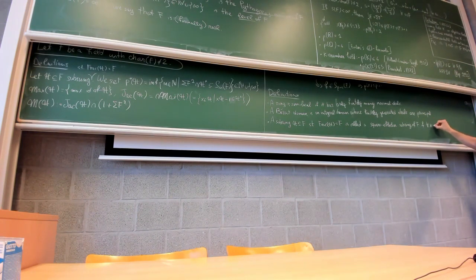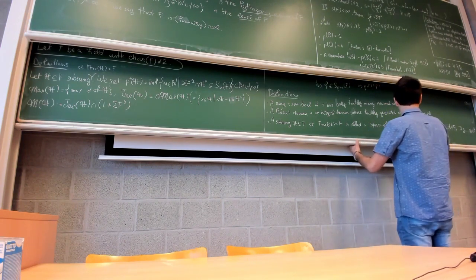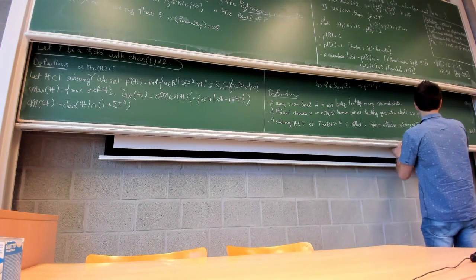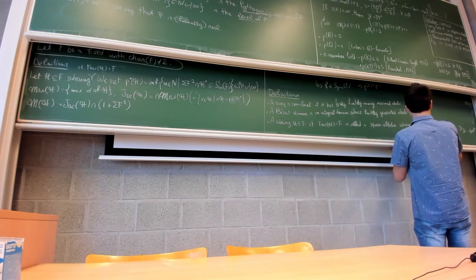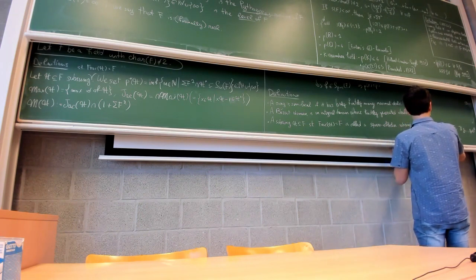for any k positive integer and for any f1 up to fk elements in the field, we have that there exist g1 to gk in F such that the sum of squares of the fi's is equal to the sum of squares of the gi's.